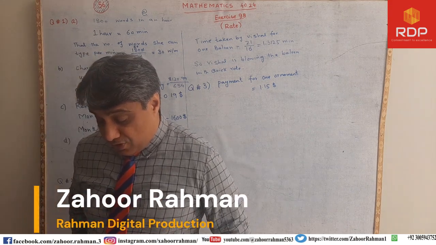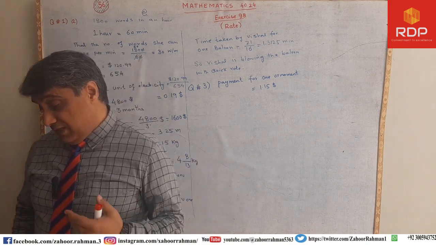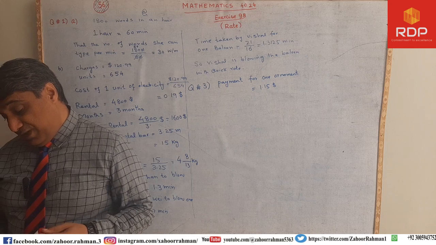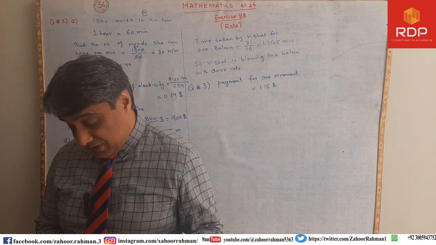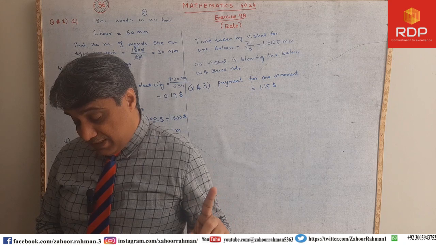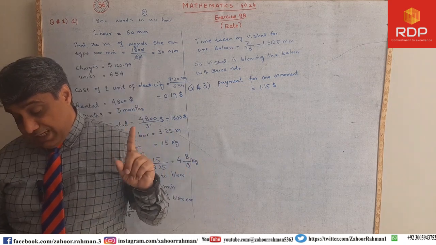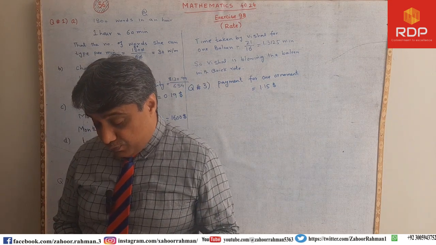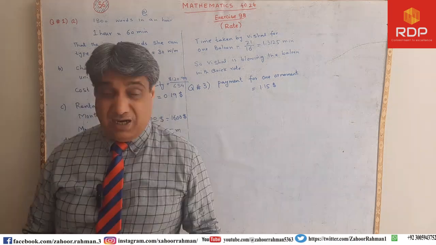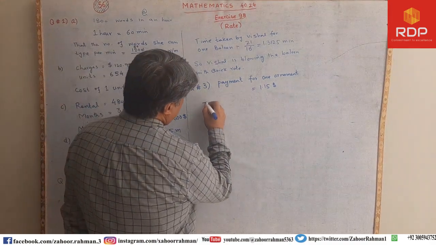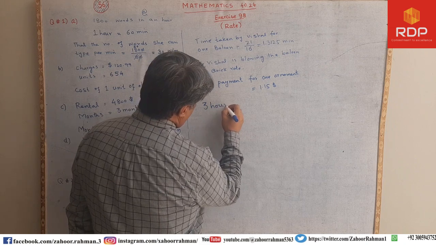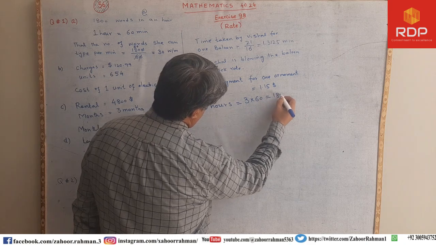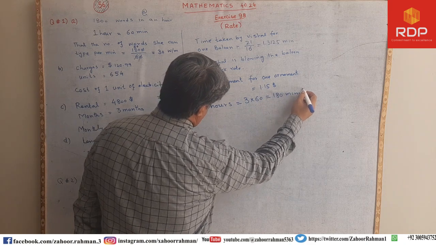He makes 4 ornaments every 15 minutes. Remember that in this case they gave us the unit as minutes. Find the amount earned by the worker if he works for 3 hours. So 3 hours is equal to 3 multiplied by 60, which is 180 minutes.